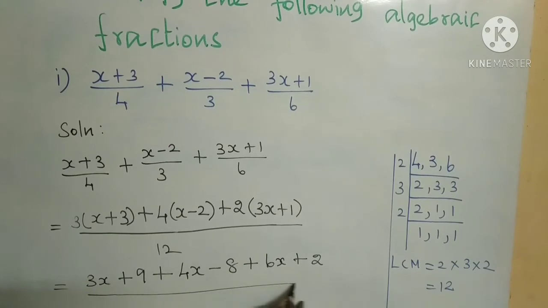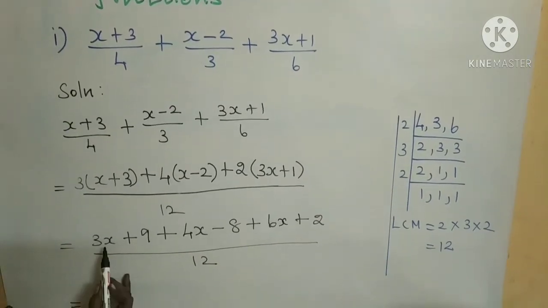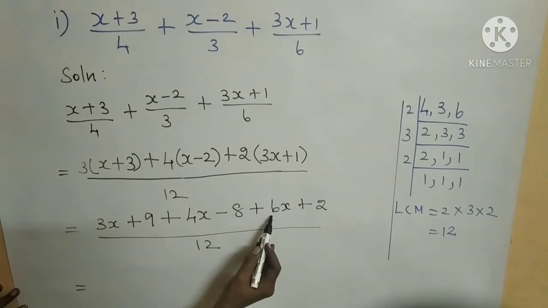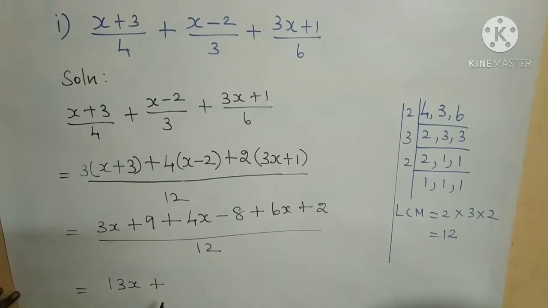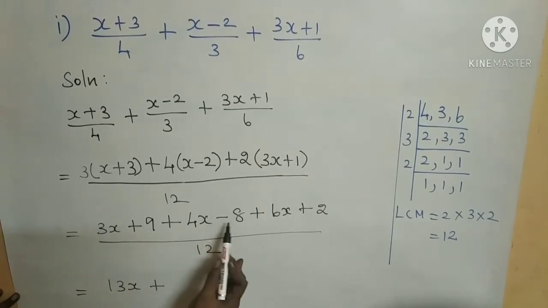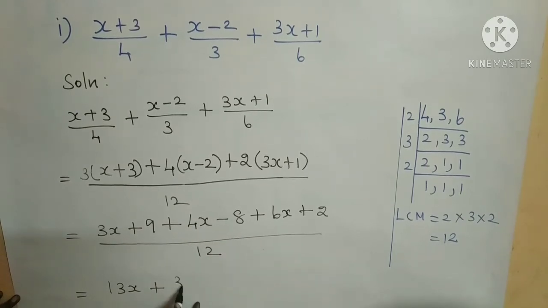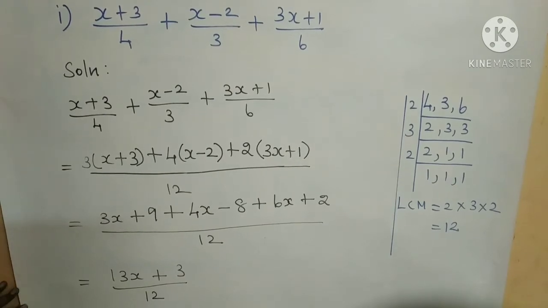So let us simplify. Here what are the x terms? 3x plus 4x, 7x, 7x plus 6x, 13x, plus 9 minus 8, we get 1, 1 plus 2, 3. Divide by 12. So this is the answer.